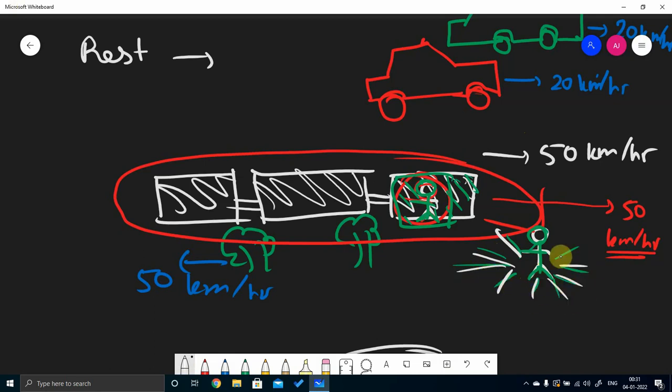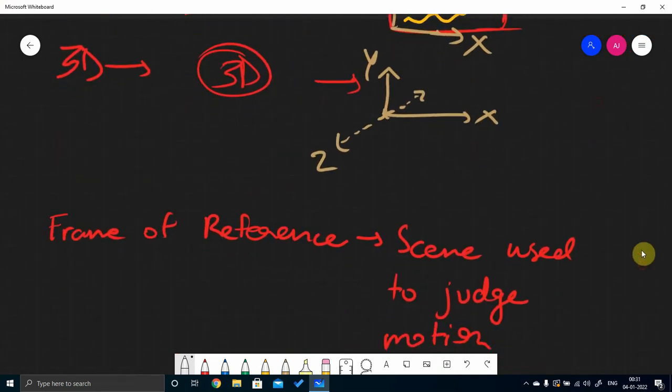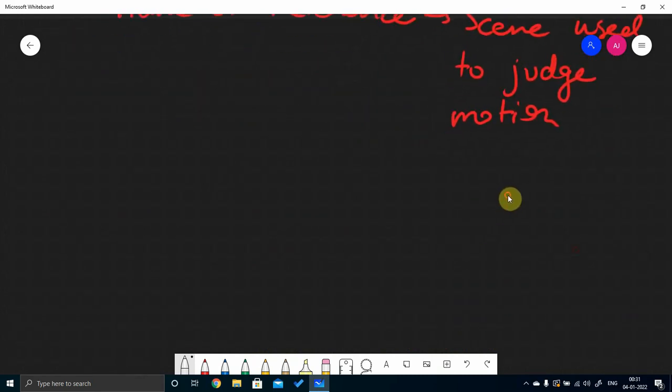Frame of reference is basically what stays at rest when a person compares two scenarios, right? So for this guy standing outside, the ground remains at rest, while for this guy, the train remains at rest. So whatever remains at rest becomes a frame of reference, because you're judging whether motion is happening with that perspective in mind, right? Now, I can really not go more detailed than that.